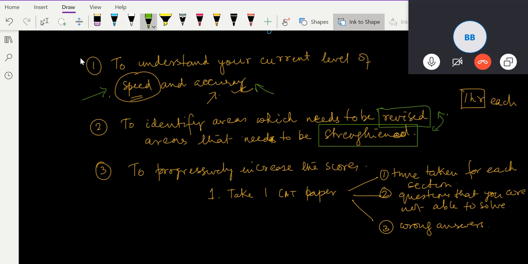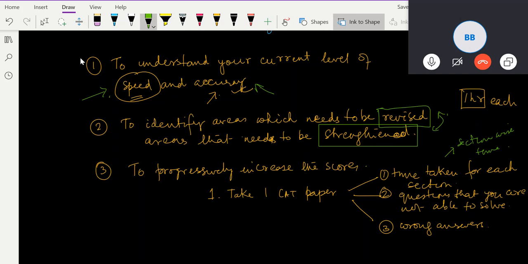So when I say time taken, it'll give me a fair idea of which section is consuming more time for you. So this will tell me the section-wise time pattern, and then we'll work on that.